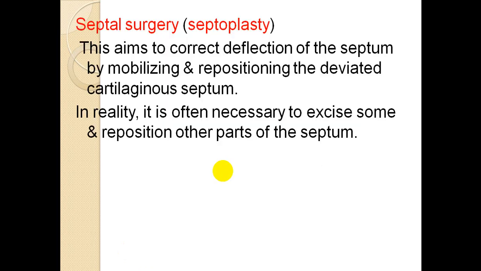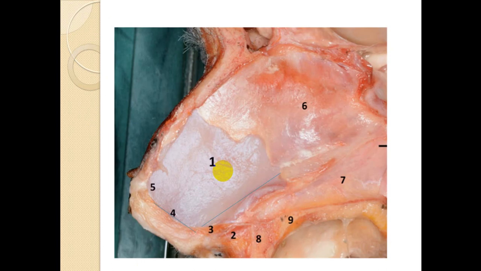The treatment of septal deviation is by septal surgery, which is called septoplasty. In septoplasty, we make an incision at the caudal end of the septum, the anterior part of the quadrilateral cartilage, and this is called Freer's incision.